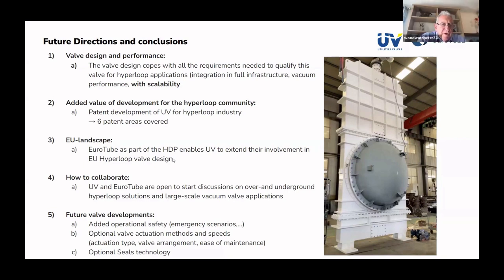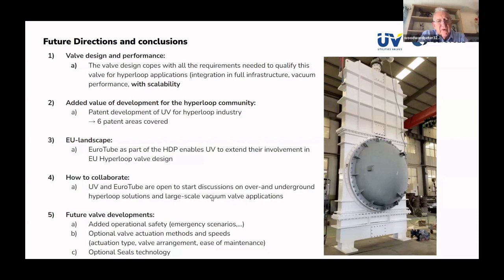Yeah, I think that on the last item there, the future valve development, this is an interesting next step, because I would expect that the next valve that we'll be looking at will be larger. We will look at the best solution for horizontal actuation, which will have quite a lot of advantages in some ways, but there are wear factors and maintenance considerations, and we want to basically zero those out.